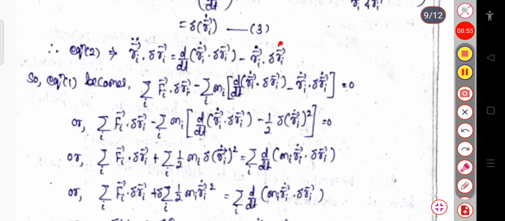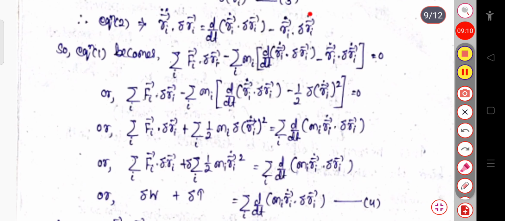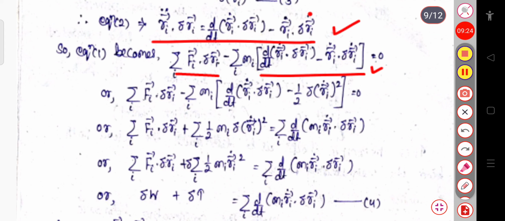Now if I substitute this value in equation 1, that is the sum over i of F_i · δr_i minus m_i r_i double dot · δr_i equals 0, then F_i · δr_i will remain as it is, minus the sum over m_i, and in place of r_i double dot · δr_i I will put this value, equal to 0. If I substitute this value in equation 1, I will get this expression.